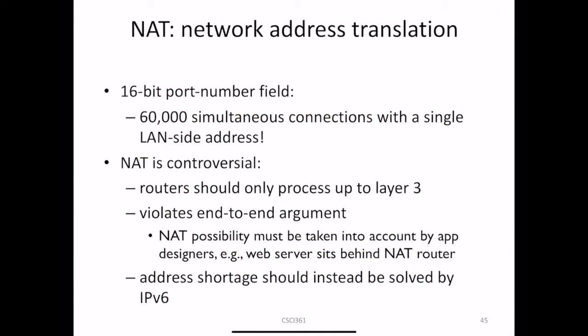Then let's continue to see the network address translation. Each port number is a 16-bit field. So that means the public or home router can allow this many simultaneous connections with the outside, or with other devices on the internet.